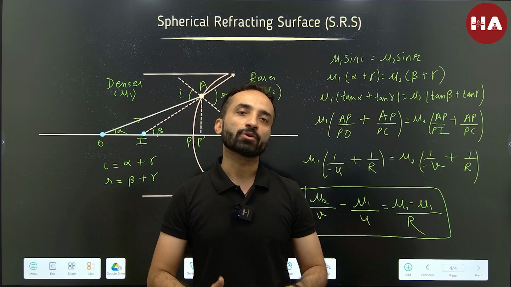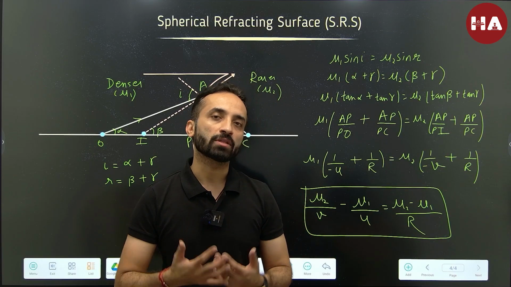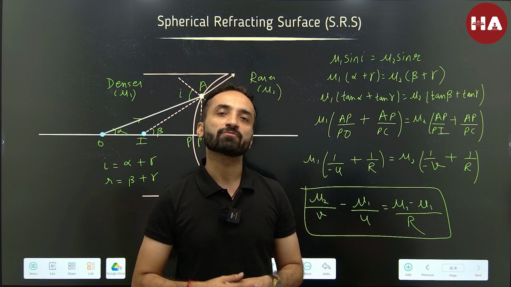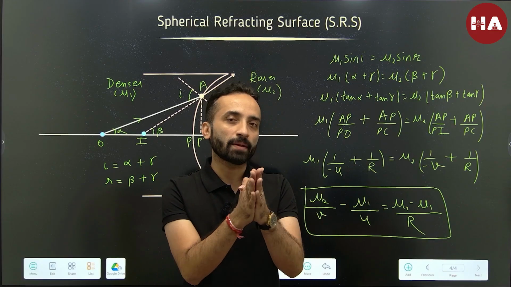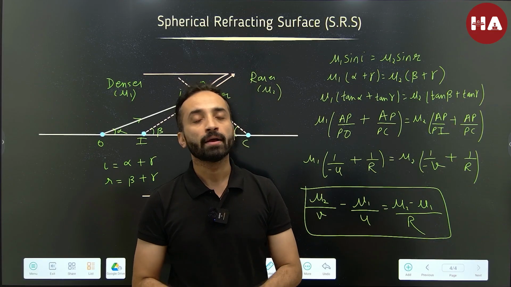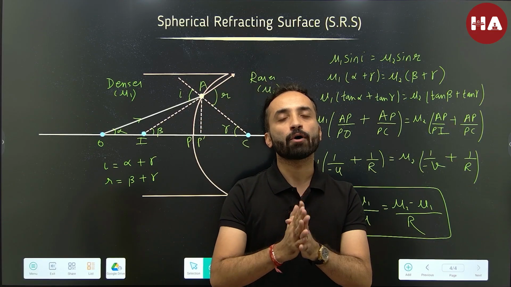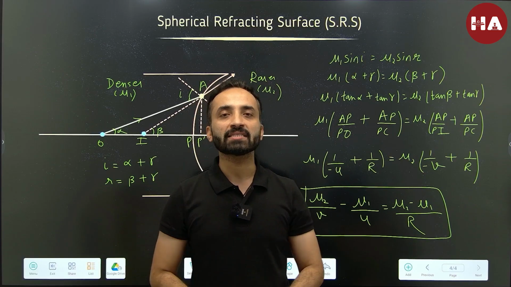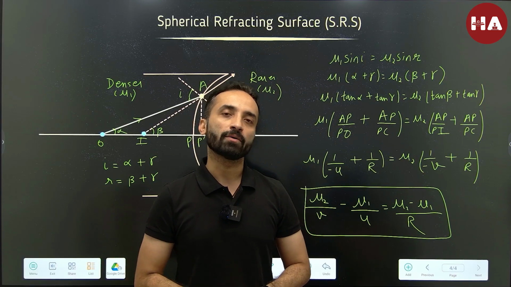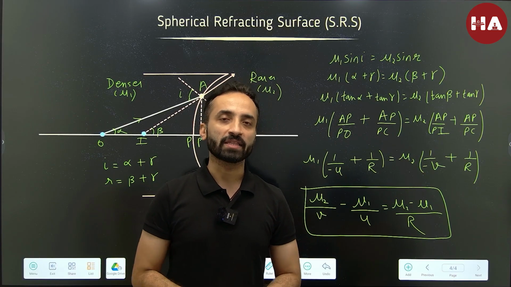All right. So, in the upcoming videos, we can talk about the magnification and the lens maker's formula and all those things. But this one particularly was for the derivation. But now you understand how the SRS formula is, how to apply this. I will come up with a numerical on that, but this is only for the derivation.